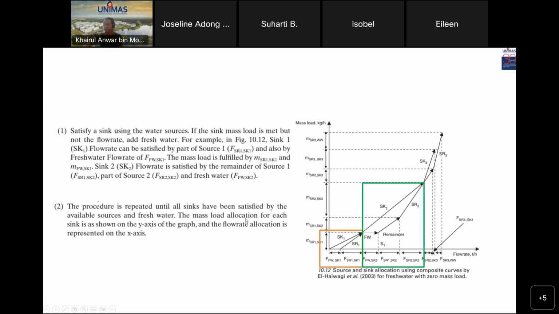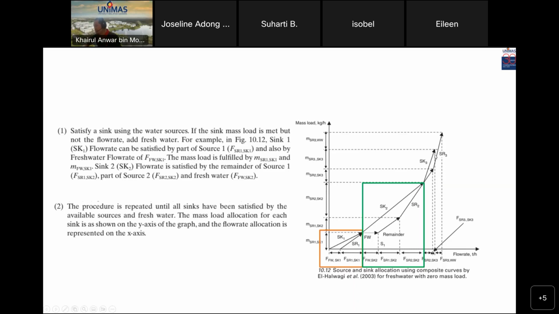The mass load allocation for each sink is as shown on the y-axis of the graph, and the flow rate allocation is presented on the x-axis. Similar to SK3. So in this case, SK3 here comprises the remainder of source 2 and some of source 3.